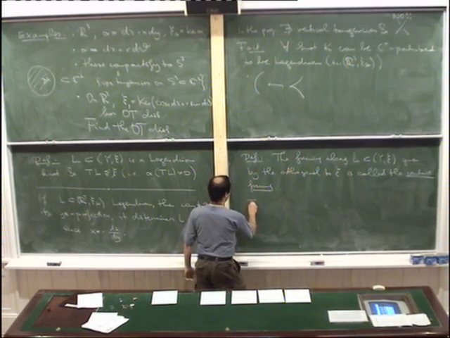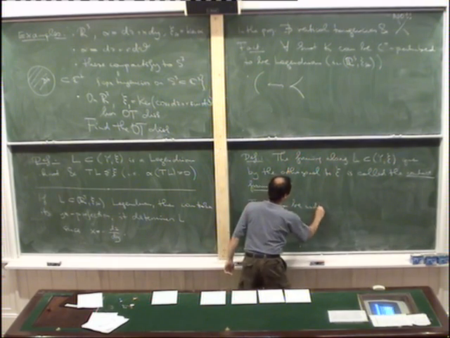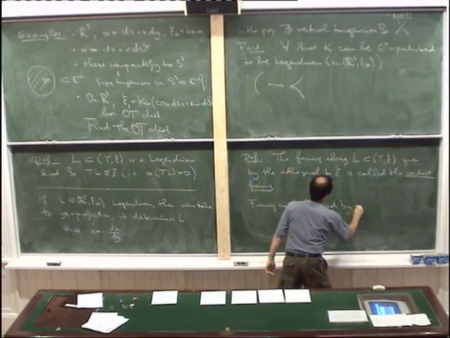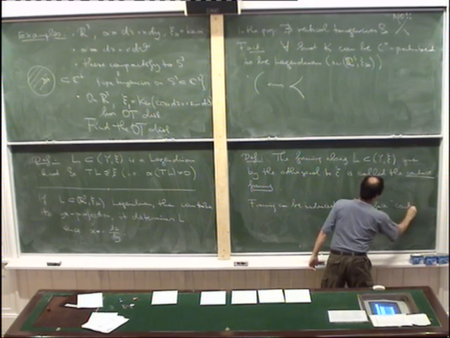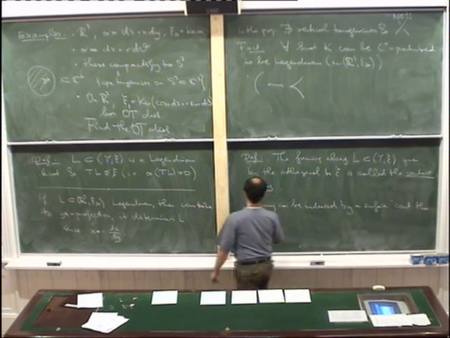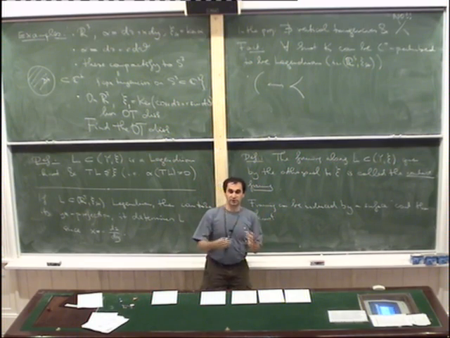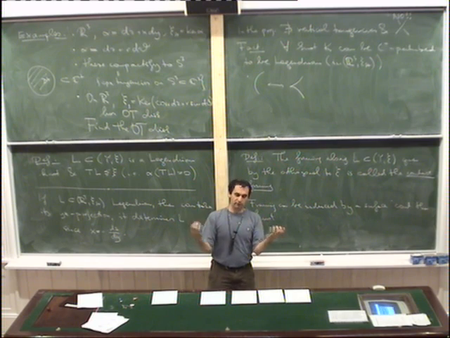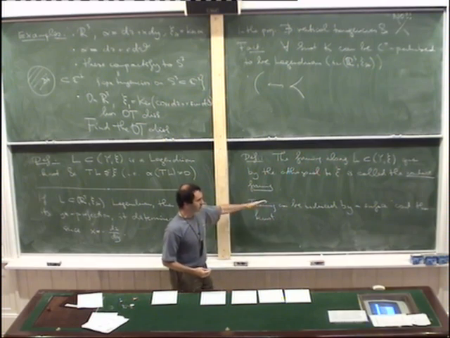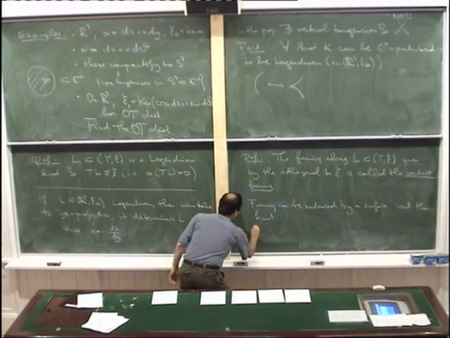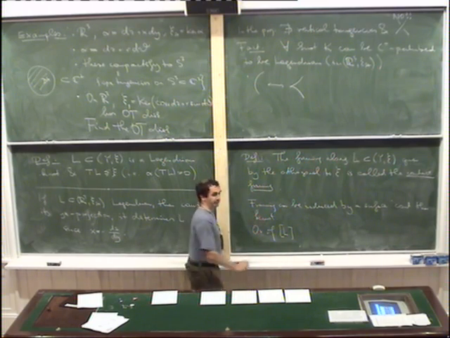So framing can be induced by a surface containing a knot. We saw many examples of that in Cameron's lecture, where somehow the knot was lying naturally on some surface, and he computed what the framing induced by the surface is, or if [L] in the first homology happens to be 0.